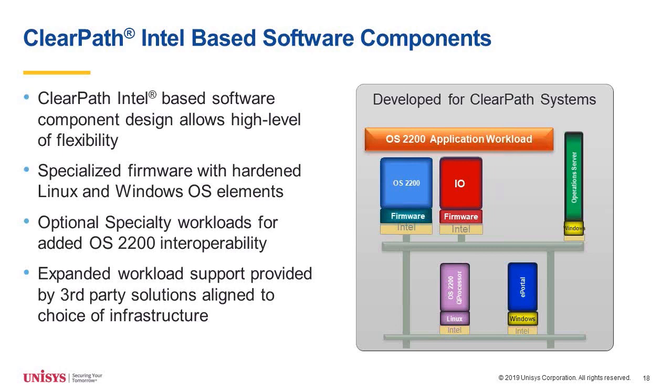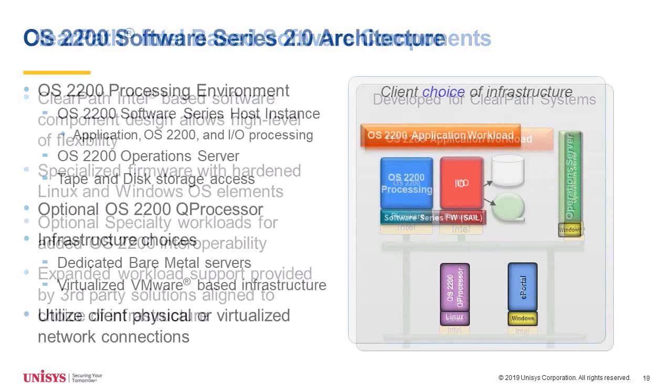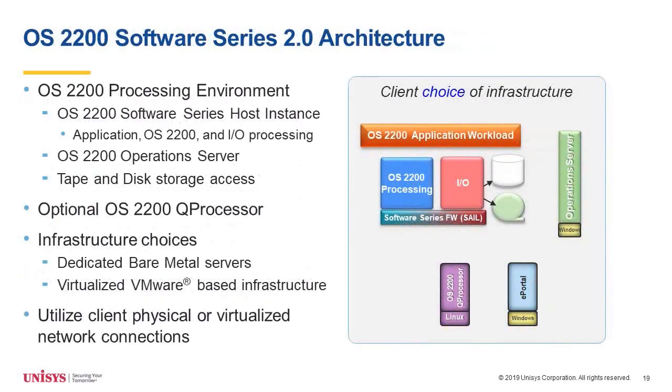We've developed specialty workloads like the Q Processor and the ePortal that then fit into the overall firmware design of our Dorado systems. And if you look at how that changes, you can see that we can take that firmware and implement it within the OS 2200 software series.